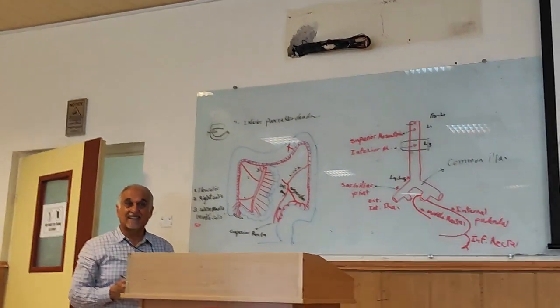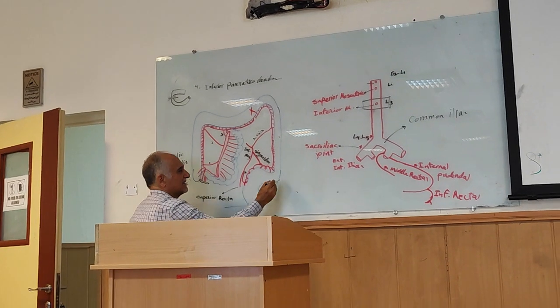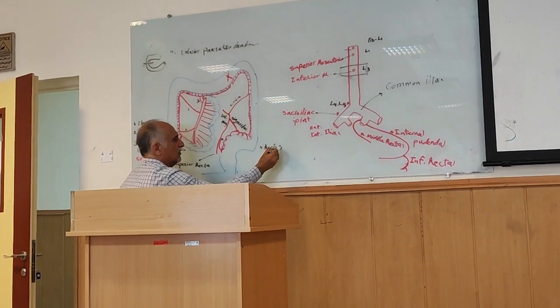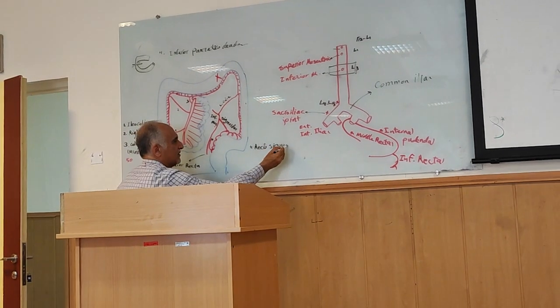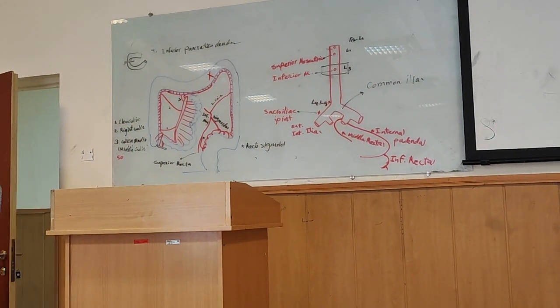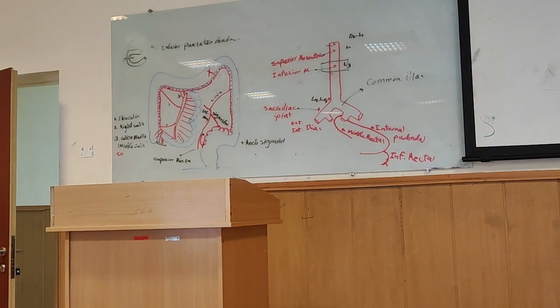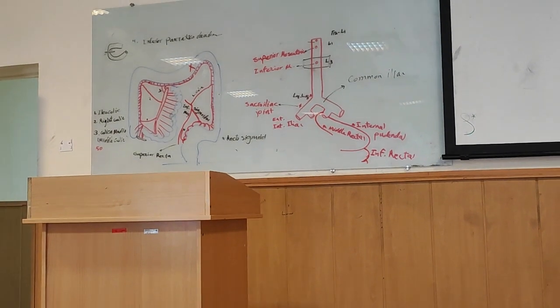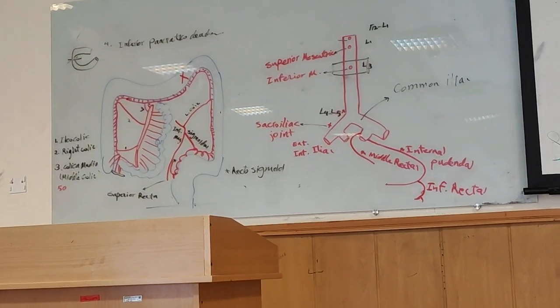Rectosigmoid. So this one should be rectosigmoid. Rectosigmoid is the last branch of the inferior mesenteric that joins the last sigmoidal branch.